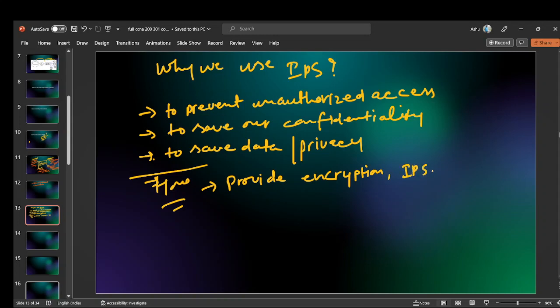Intrusion detection system and firewalls, regular updates. With the collaboration of encryption services, IPS, IDS, firewall and regular updates, we can secure our network. That is the point. Clear?